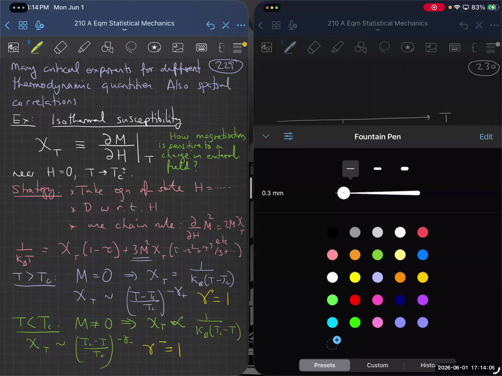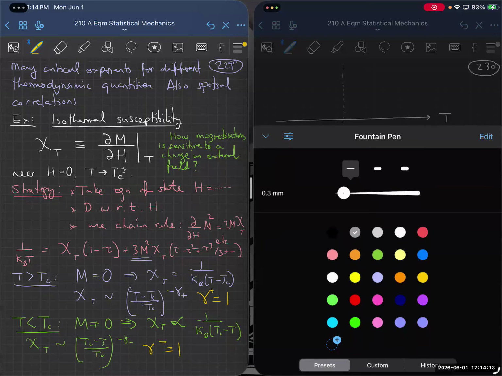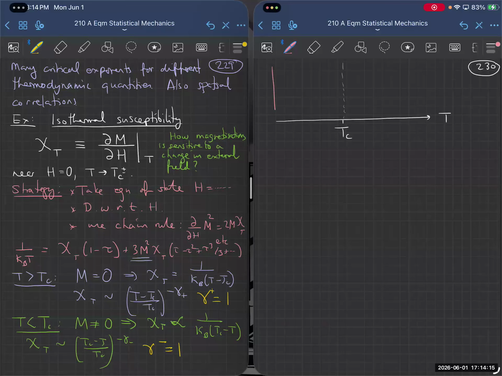So here is Tc, and what we're going to be plotting is the isothermal susceptibility on the y-axis. And so what we've just discovered is that this goes up and diverges with a slope 1 over T minus Tc and comes down with a slope minus 1 over Tc.